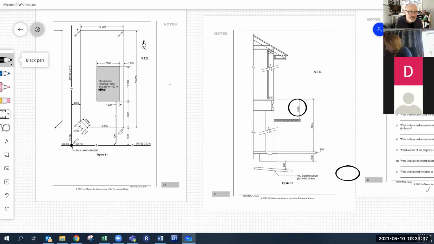Which is the highest one here? 641,790. So 642,220 minus 641,790. It is 430 millimeters higher. Yes. Thanks, Henry.